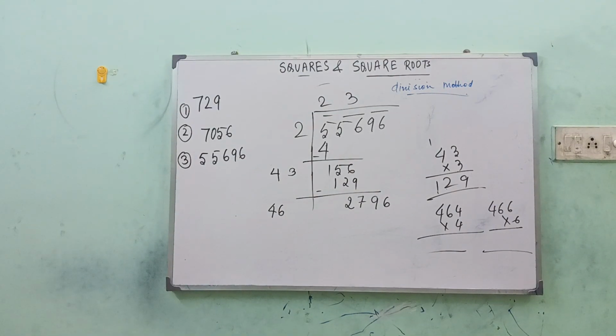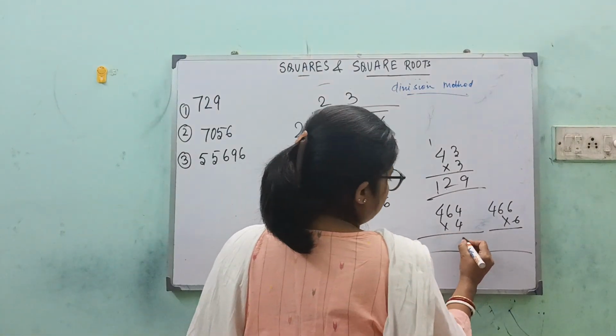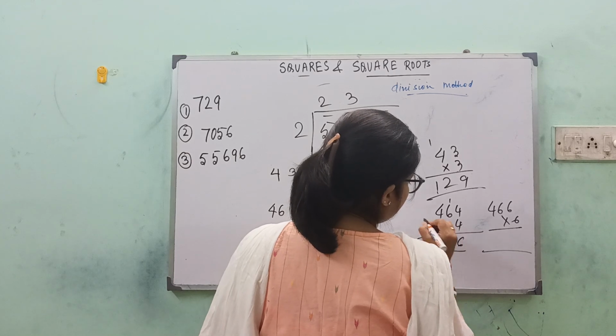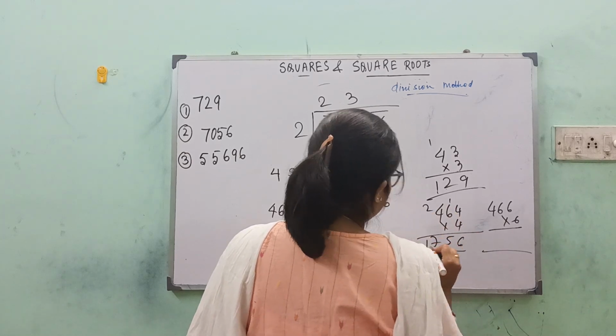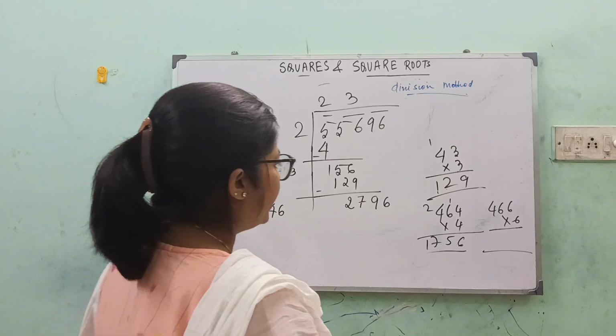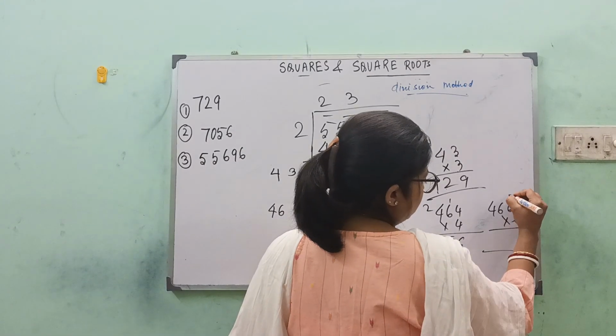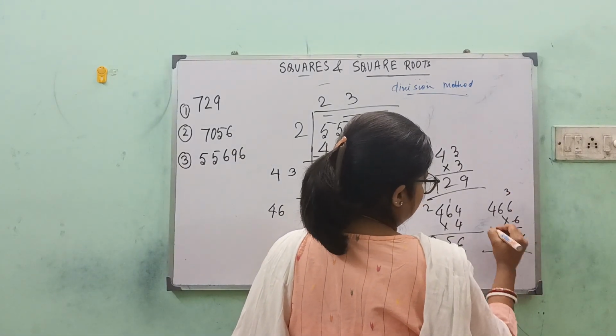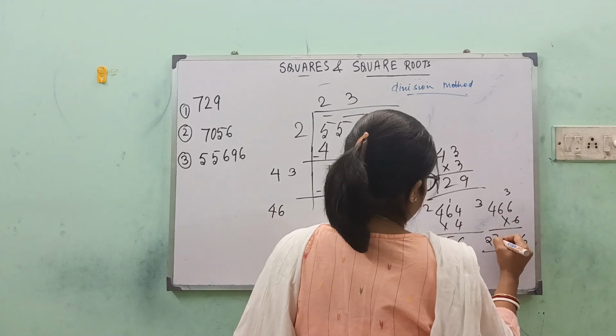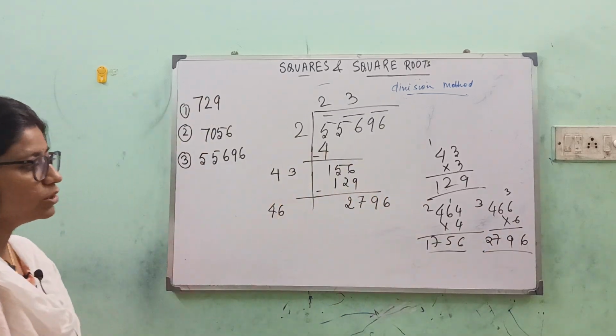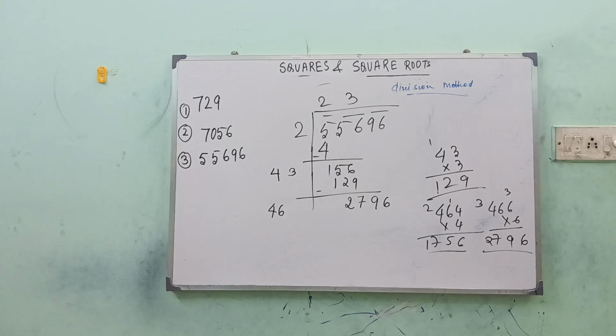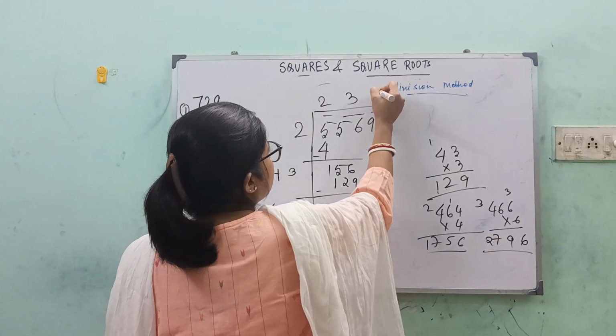Once you try with 4, 4 4s are 16, carry 1, 2, 1756. No, it's very much small. So 466 into 6 is giving you 2796. So 6 over here, 6 over here.